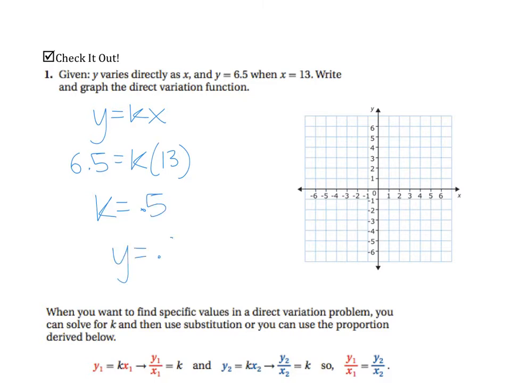And then rewrite our direct variation. X is 0, y is 0, x is 1, y is 0.5, negative 1 is 0.5, x is 4, and negative 4.